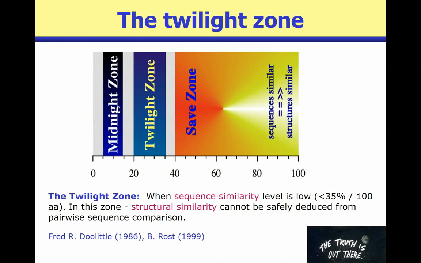Those are the safe area. Anything between 20 to 30 or 22, this is called the twilight zone, and the effort that I'll tell you about, which is implemented by Pfam, is really to be able to push the border from the safe zone to the twilight zone.